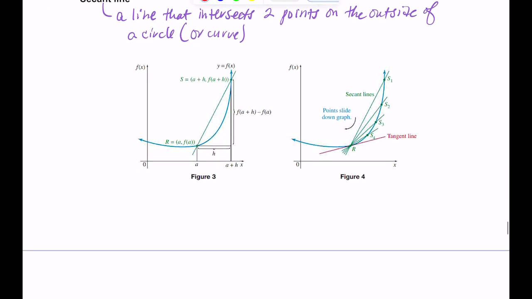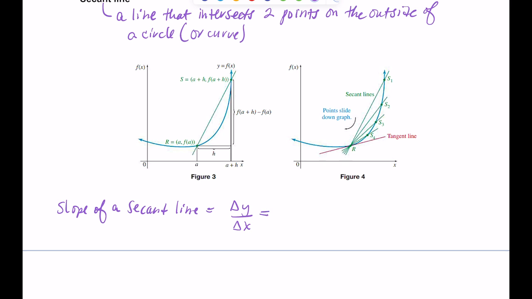So one of the things we're going to do is find the slope of a secant line, and you can see how it is related to the tangent and then to limits. The slope of a secant line, if you'll recall, slope is change in y over change in x.